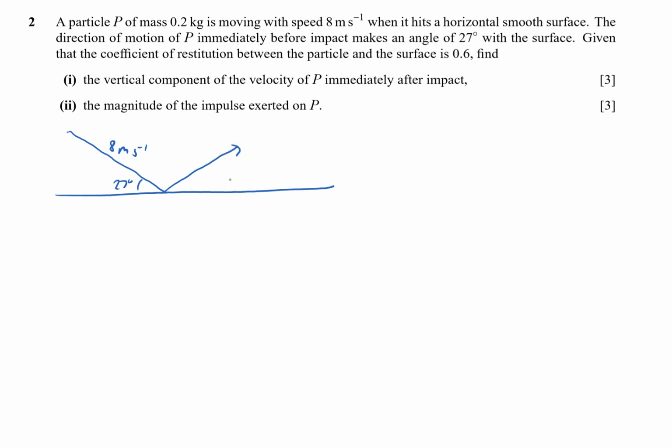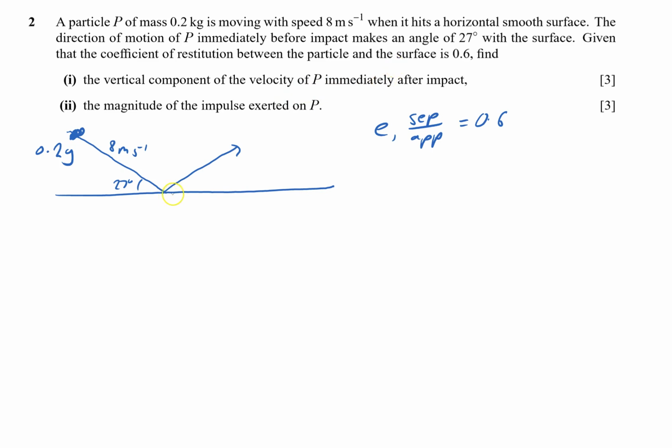And it's got mass 0.2 g, and that's it. Oh, always write down what e is. It's separation speed over approach speed equals 0.6. Find the vertical component of the velocity immediately after impact.